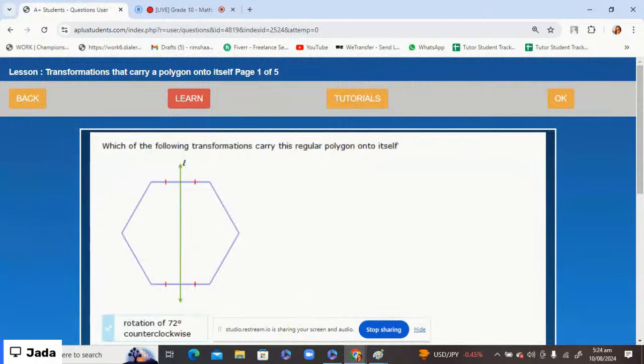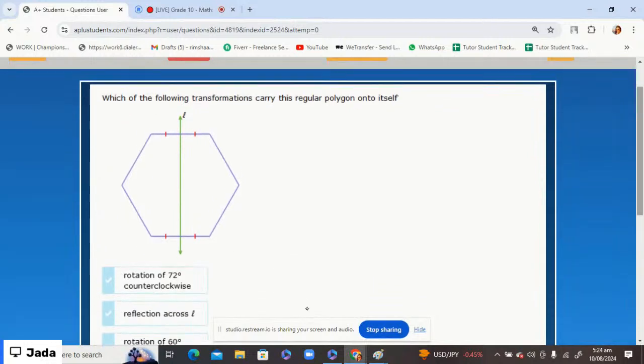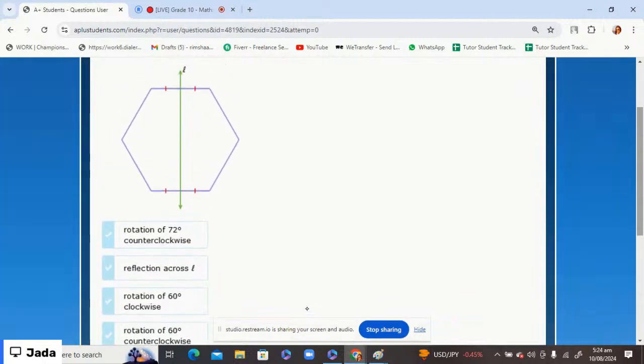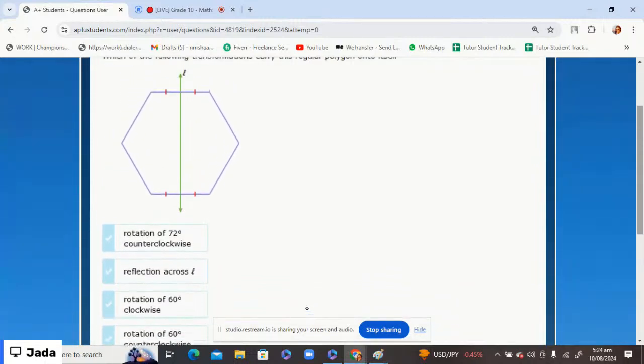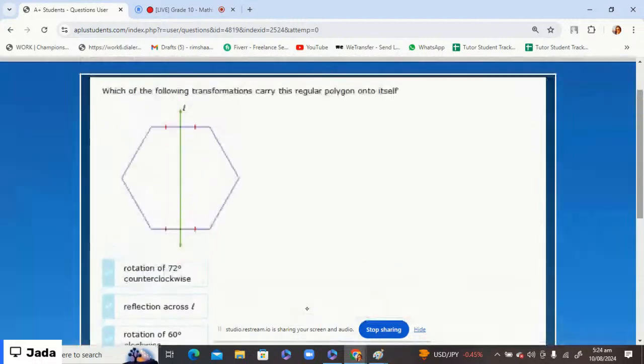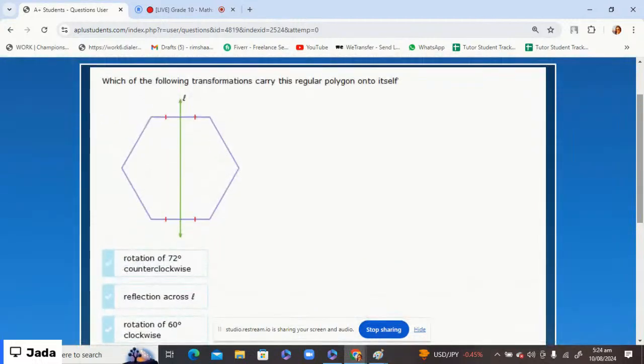So, here is the question. Which of the following transformations carry this regular polygon onto itself? Look at here. This is the polygon. Which kind is it? How many sides total?